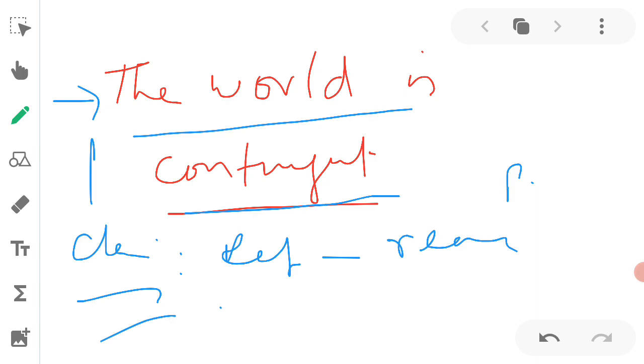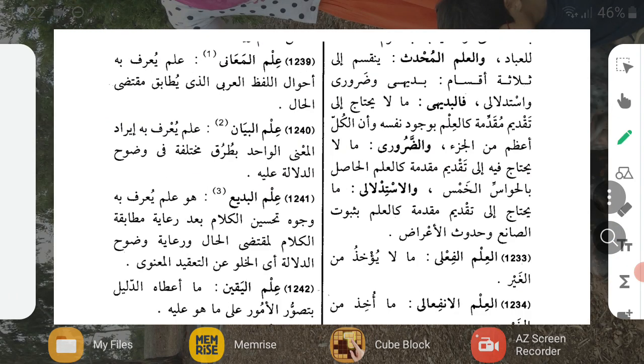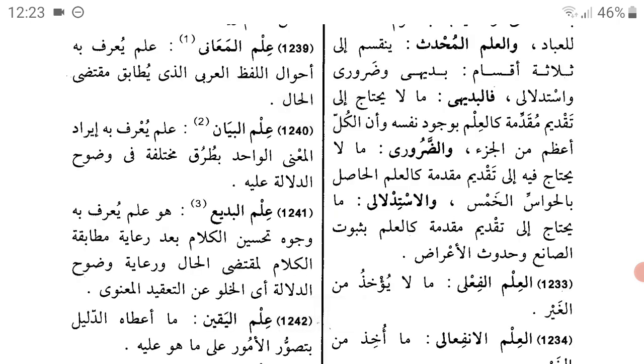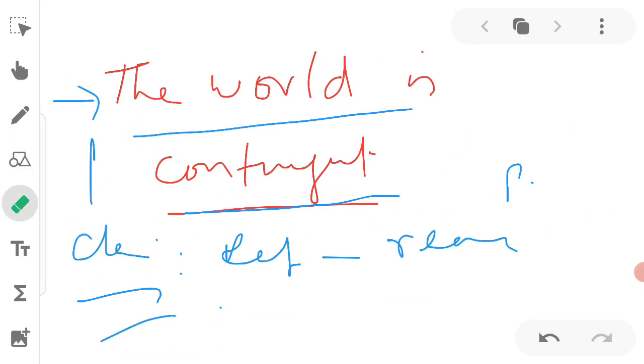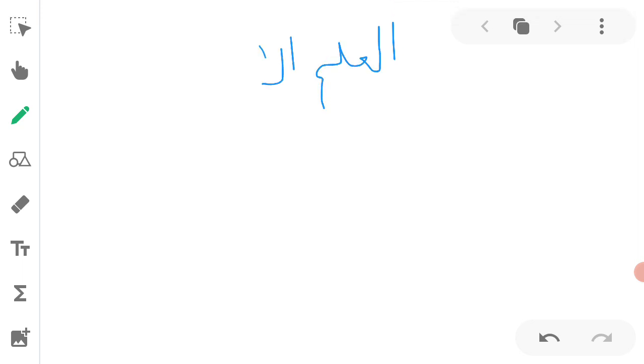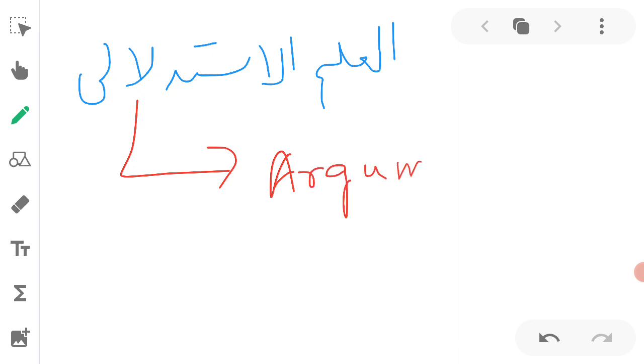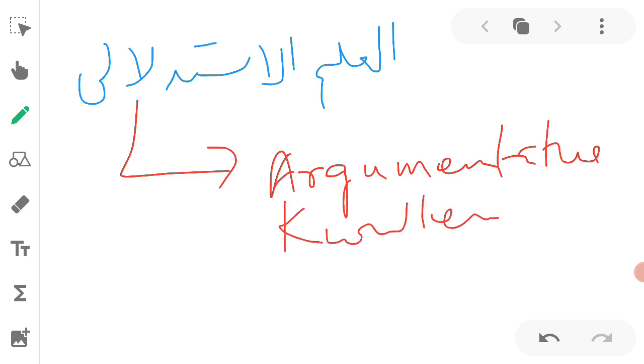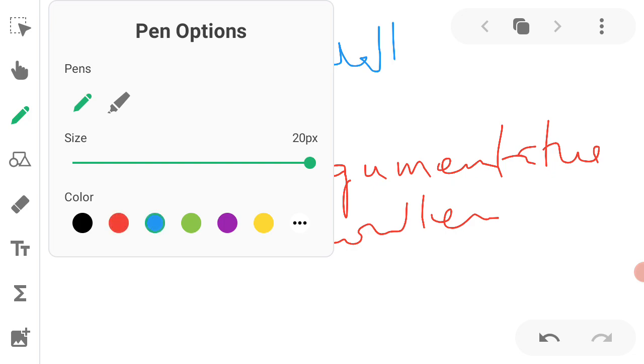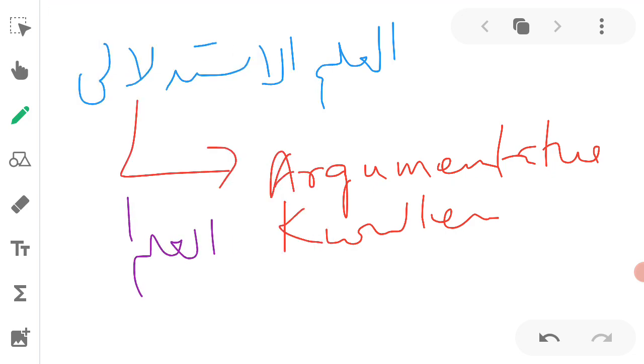So that would be your al-ilm al-muktasab, acquired knowledge. Now, Sharif Jurjani uses another term. He said, wal-istidlal ma yahtaju ila taqdim muqaddima ka-al-ilm bi-al-thubut al-thani wa hudūth al-a'rad. His definition is the same, but he uses the term al-ilm al-istidlali, that is argumentative knowledge. And Imam Juwayni uses al-ilm al-muktasab.